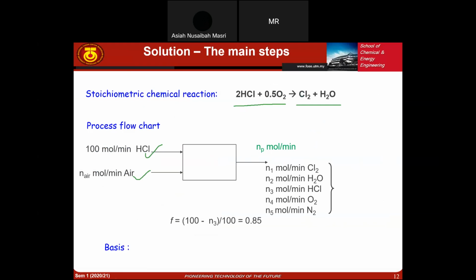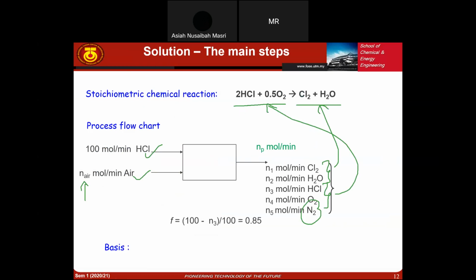But in the end, we're gonna have 5 components in total, which are Cl2 and H2O as the product, HCl and oxygen as the reactant, and also nitrogen. Why is nitrogen here? Because we have air here. So N2 exists as inert. It exists because our inlet is air, a mixture of 21% of oxygen and 79% of nitrogen.